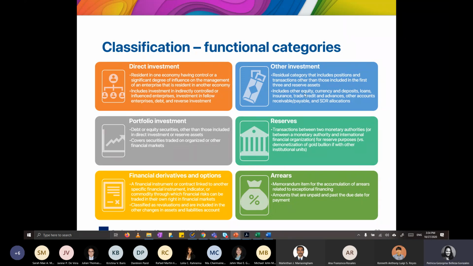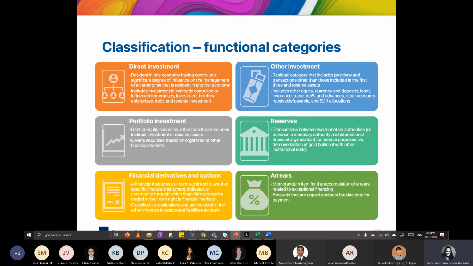And then you have other investment. This is a residual category that includes positions and transactions other than those included in direct investment, portfolio investment, and financial derivatives and options.